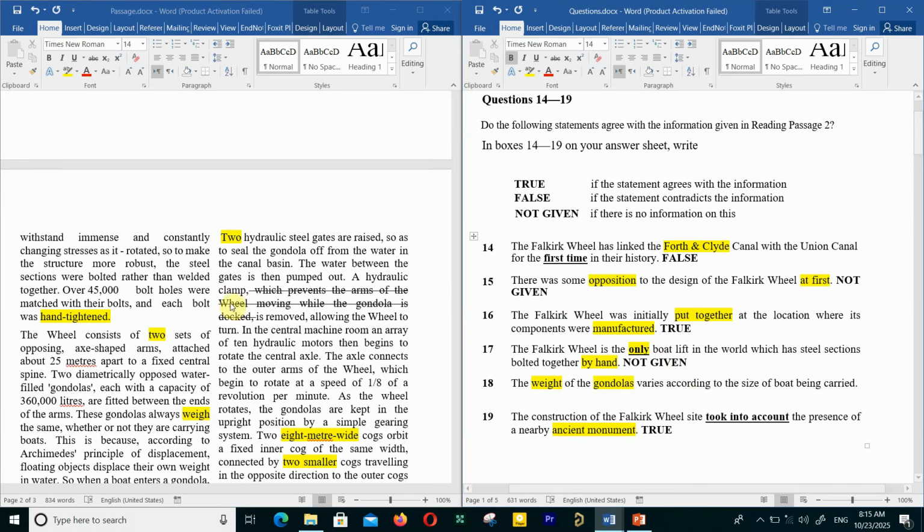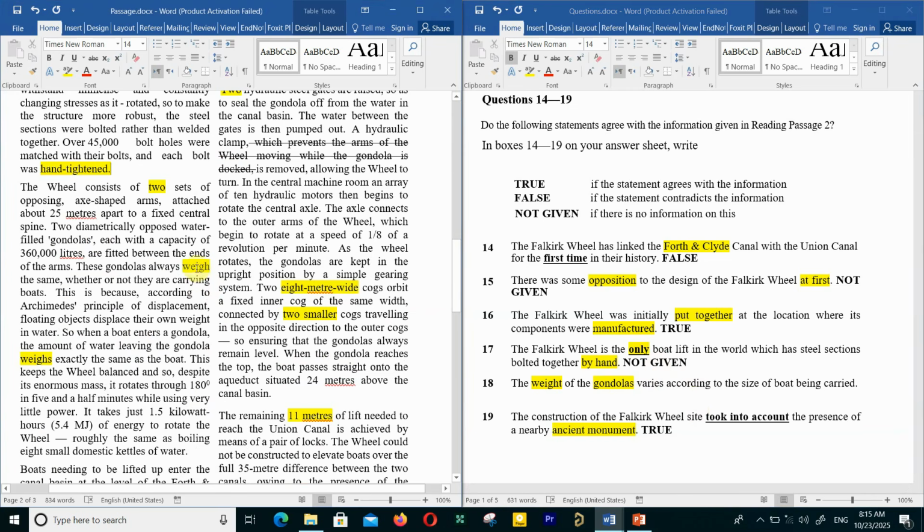So how about question 18? Question 18, here we find weight. The weight of the gondolas varies according to the size of the boat being carried. The wheel consists of two sets of opposing axe-shaped arms attached about 25 meters apart to a fixed central spine. Two diametrically opposed water-filled gondolas, each with a capacity of 360,000 liters, are fitted between the ends of the arms.